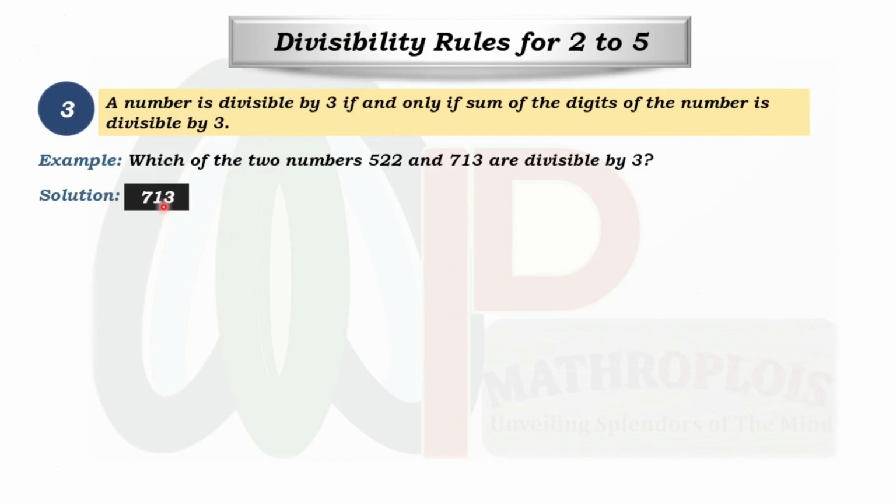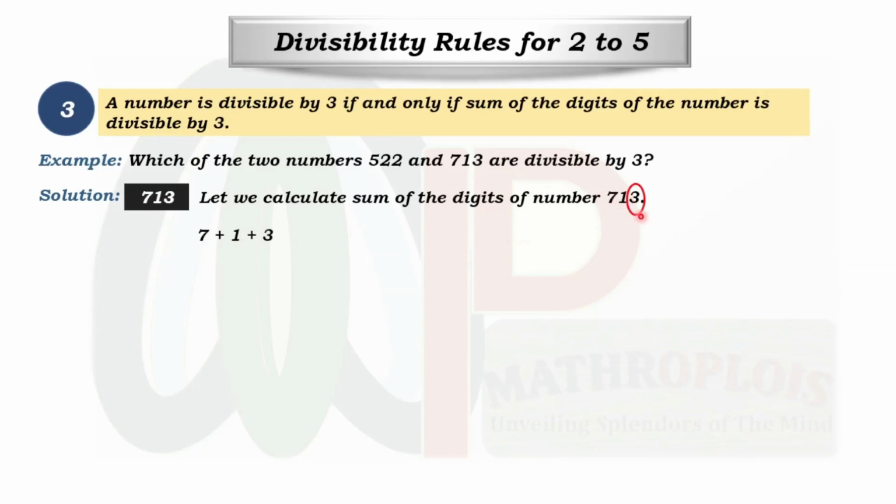Let us calculate the sum of the digits of the number 713. First digit is 7, plus second digit, that is 1, plus third digit, that is 3. So 7 plus 1 plus 3 is equal to 11.